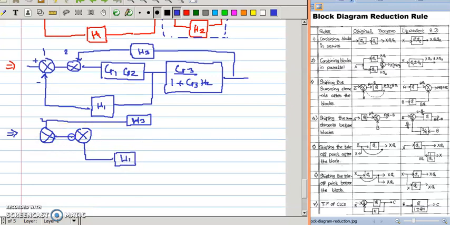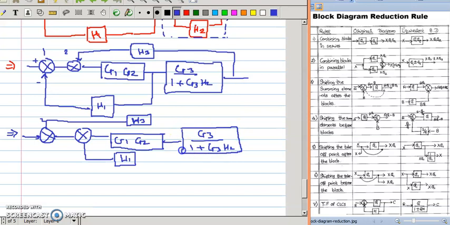I'm just exchanging the position of the mixers, and G1 into G2 as it is, and the last block, that is G3 divided by 1 plus G3 H2, as it is. I'm just shifting or exchanging mixer positions. This is the second one, this is the first one.